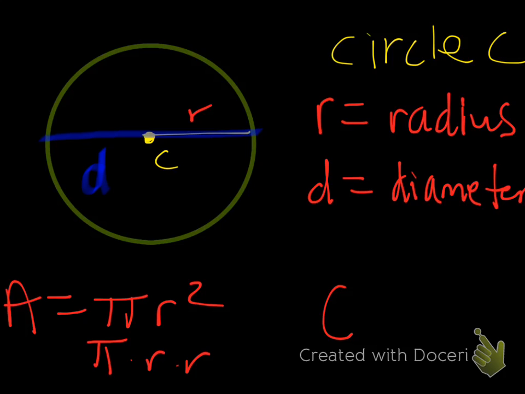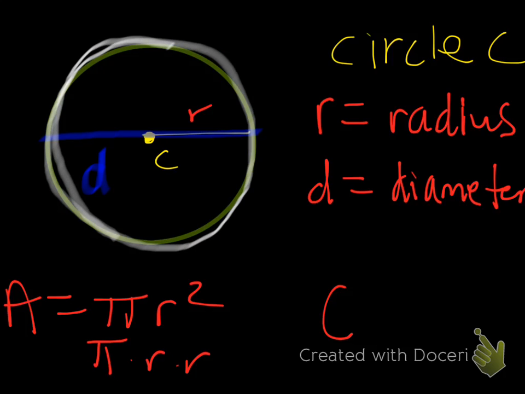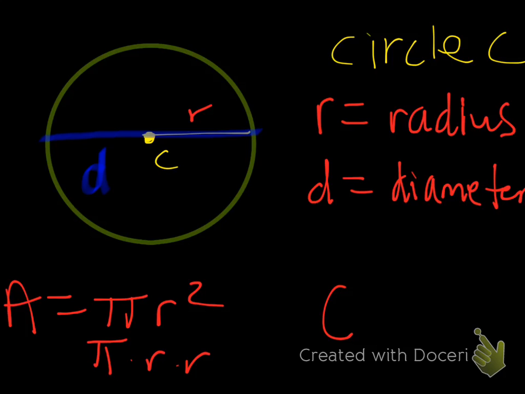That's the distance all the way around this circle. Like that. Okay? And that is equal to 2 pi r. So that's 2 times the radius, which is that right there.